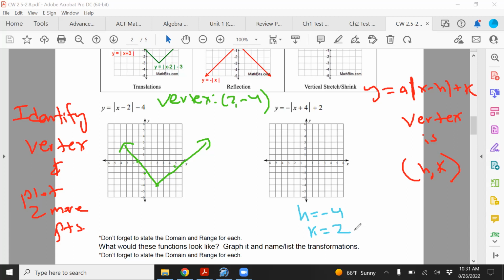So if you look at x plus 4, this goes 4 left and 2 up. So we're going 4 left and 2 up, exactly. So you're going to go down and over. You're going down and over.